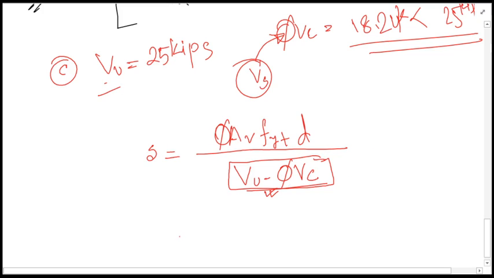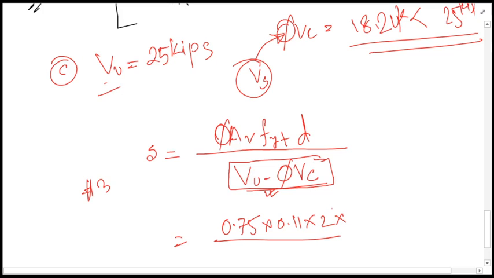If you use this equation, put the values here, phi obviously 0.75. Say, for example, we are using number 3 stirrups, then you will be using 0.11 multiplied by 2 multiplied by fy, the yield strength of the transverse reinforcement.